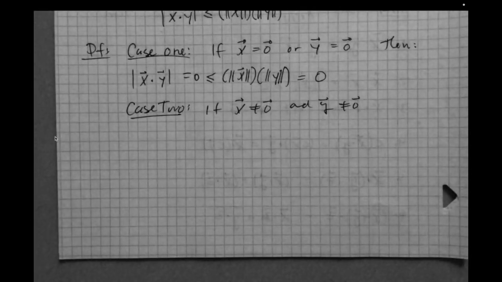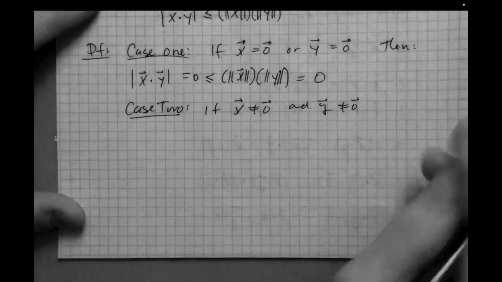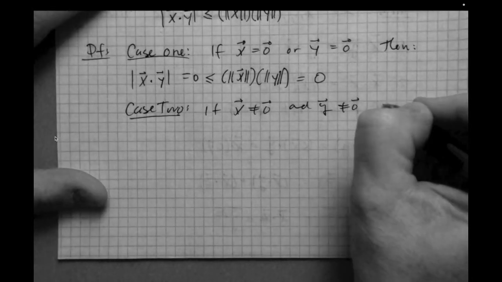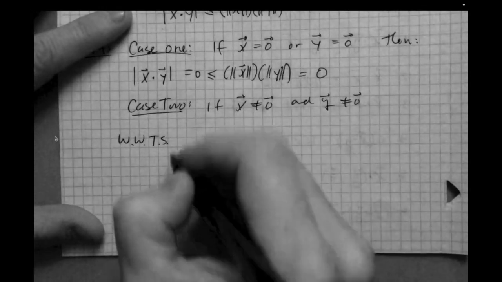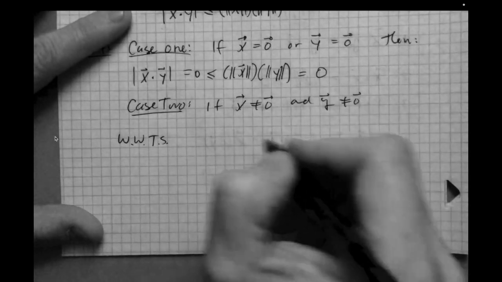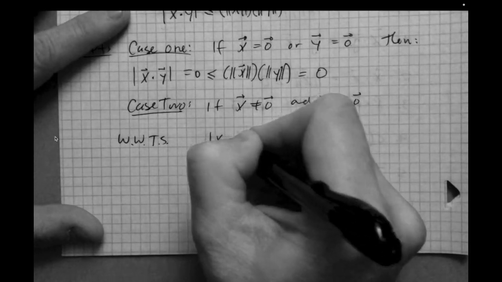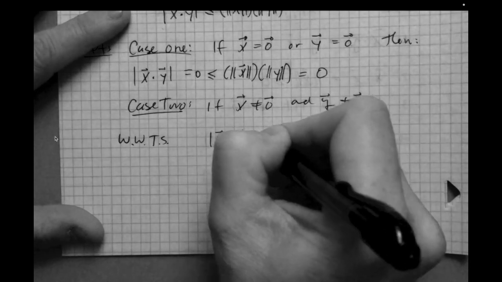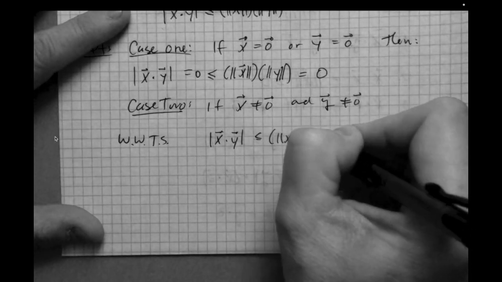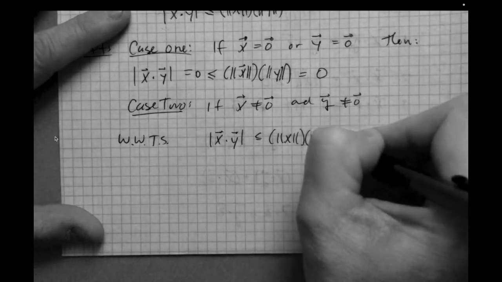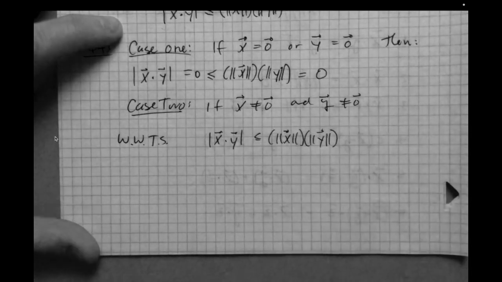Then what happens? Well, what are we trying to show here? We wish to show that the absolute value of x dot y is less than or equal to the product of the norms of the two vectors.